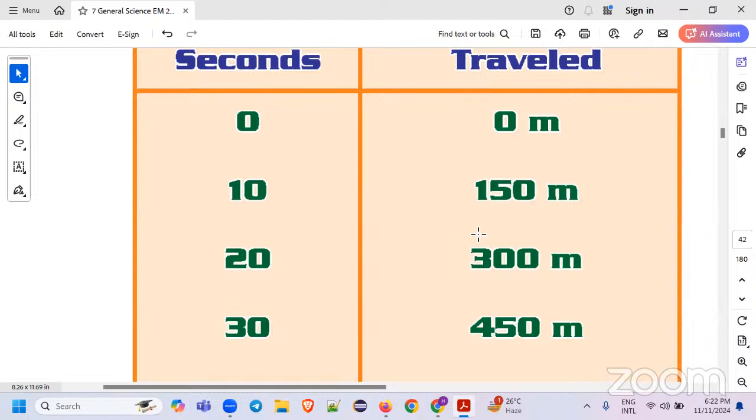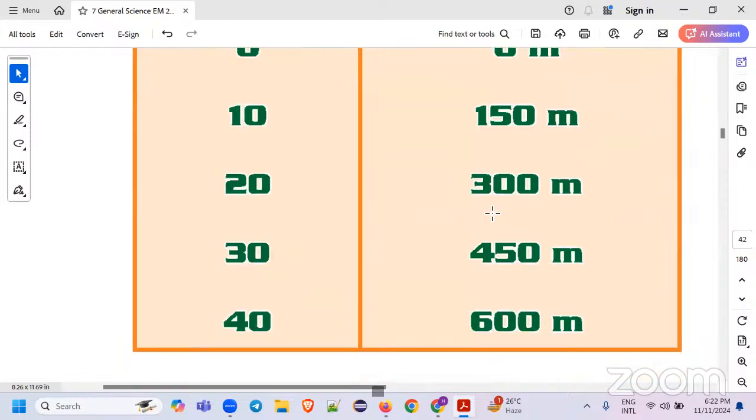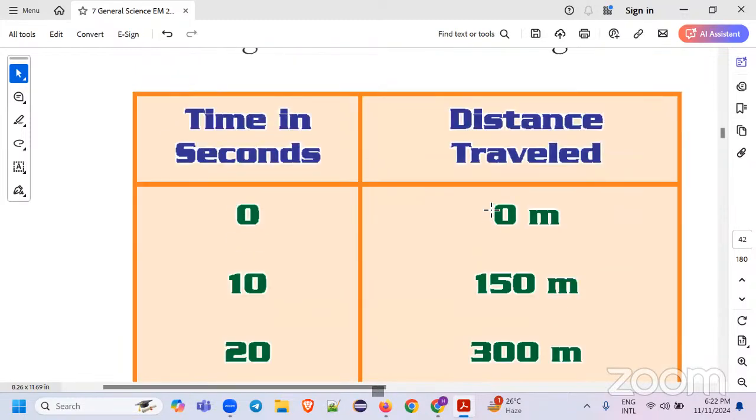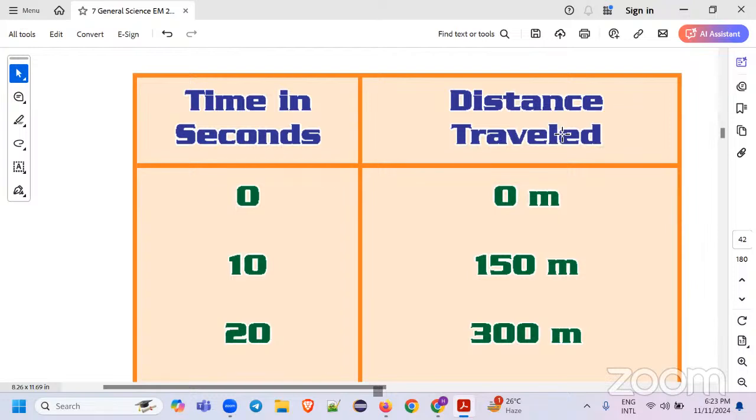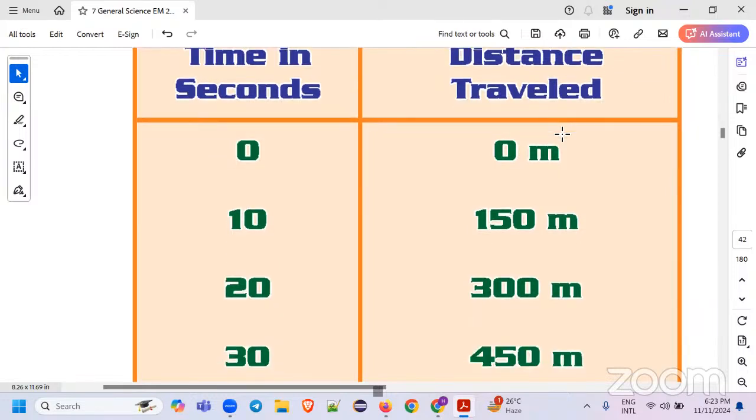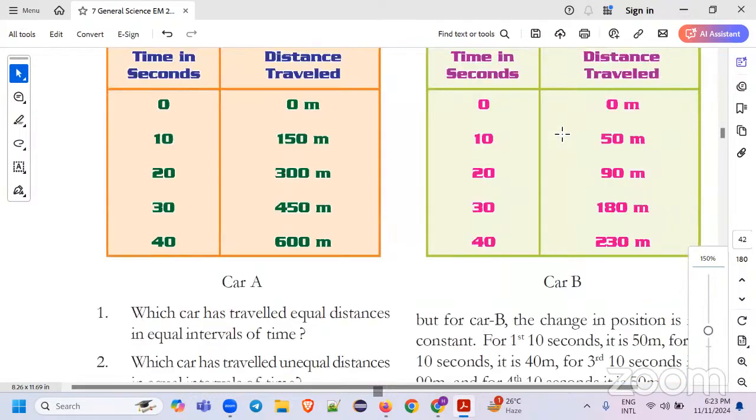In the third, fourth and fifth intervals it also travels 150 each. If the object is moving in equal intervals of time with a constant speed, that is, covering the same distance in equal intervals of time, then we say the object is in uniform motion.